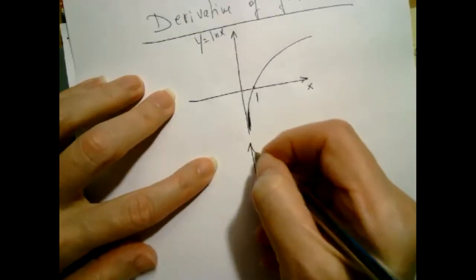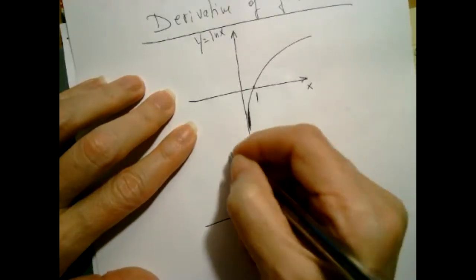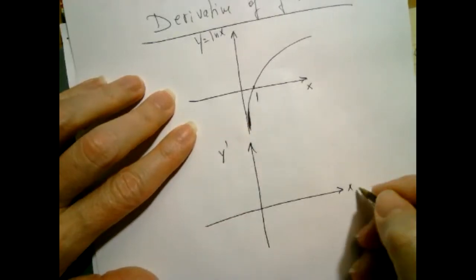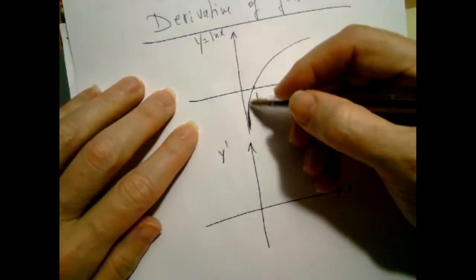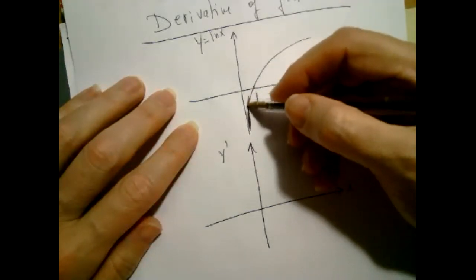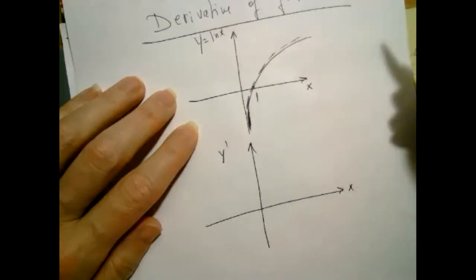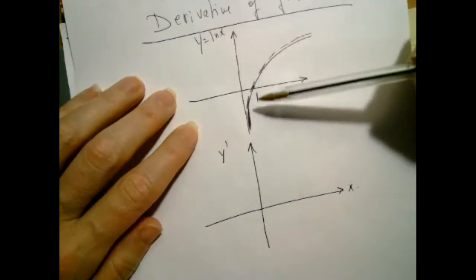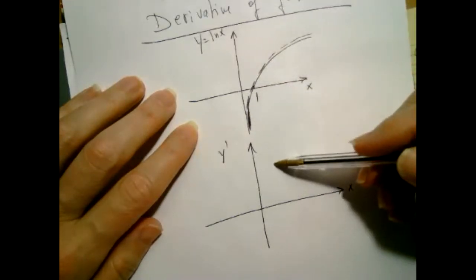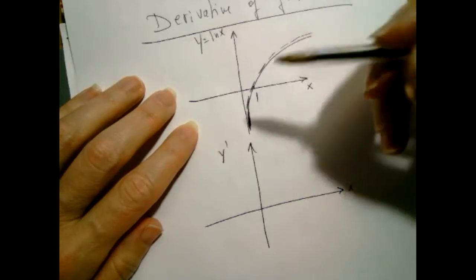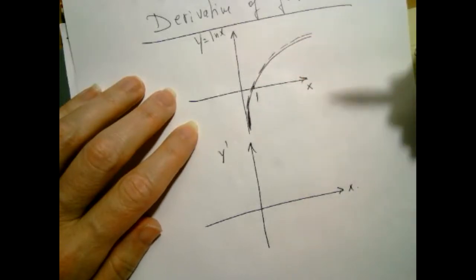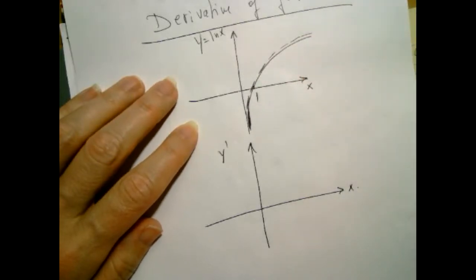We're going to find it algebraically, but let us see how it looks. That's y prime. If I follow the slope, as we know, it's positive, positive, positive, positive, positive. So the derivative is always positive, so it's going to be in this quadrant. And is the derivative increasing or decreasing? What can you say?